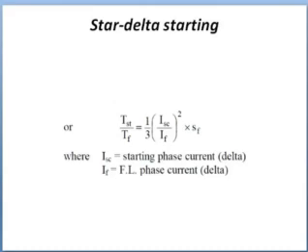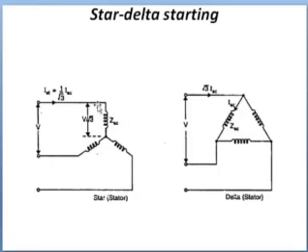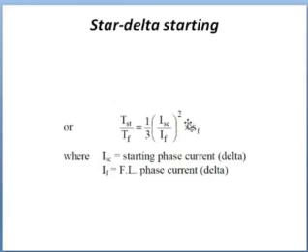So using star delta starting, we can reduce the current by 1 by 3 times. And we all know the torque is dependent on the current square. Now here we can see the starting phase current is 1 by root 3 times. So if we derive, then we can see the torque ratio of direct online starting and star delta starting. Torque will also be 1 by 3 times of the full load torque.